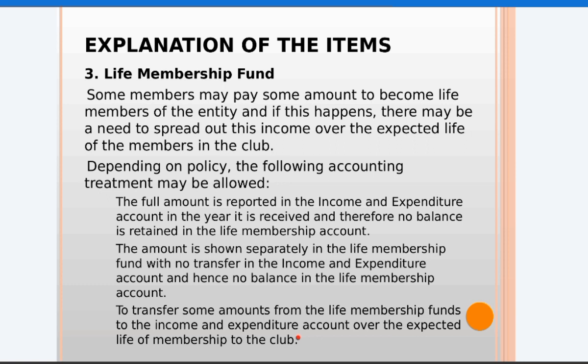Number two, you can create a life membership fund and therefore not report it as income. And number three, you can create a life membership fund and progressively amortize that amount until it is fully exhausted.